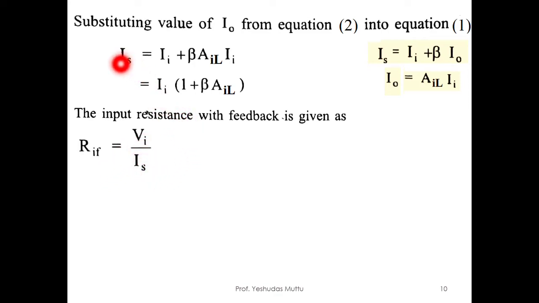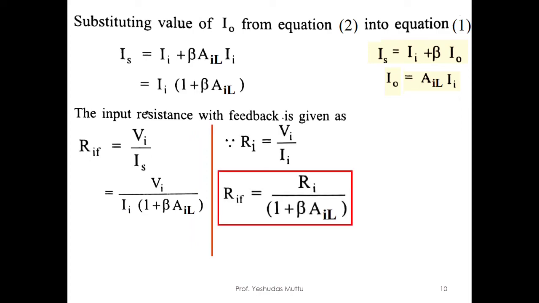Now IS I already know over here, so I am substituting IS. What is VI by II? It is nothing but RI, so I'm going to substitute RI over here. That is the input resistance without feedback.